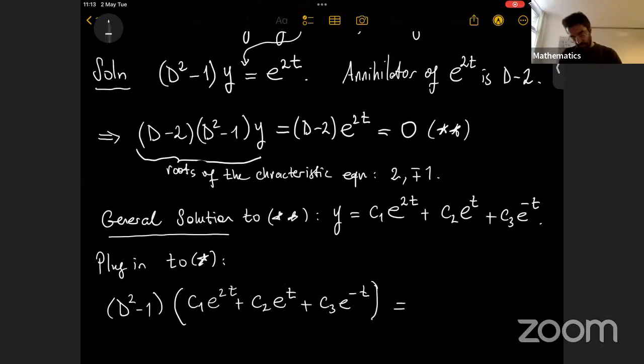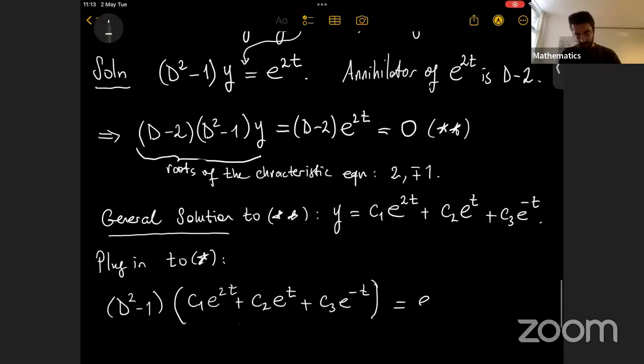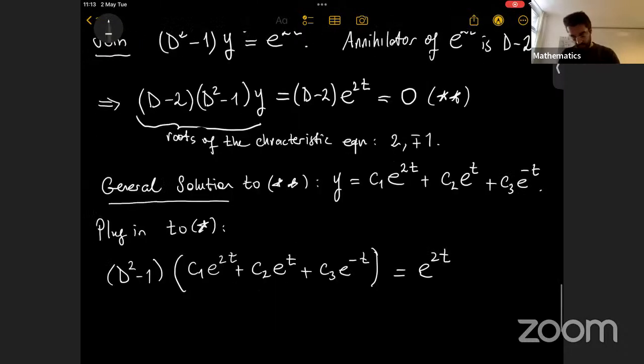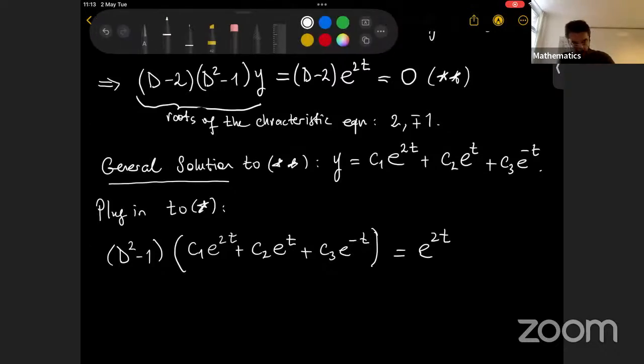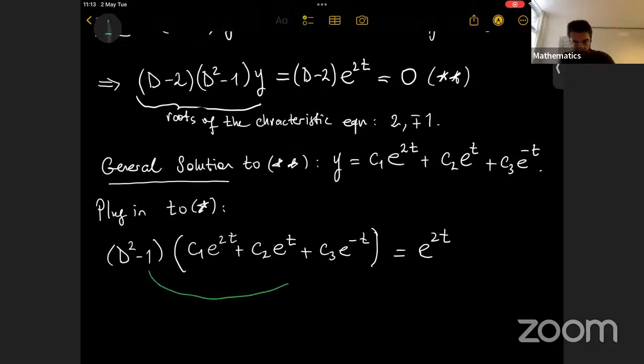It must be equal to e to the 2t. So let's see what we get from this. When you apply D squared minus 1 to this, you will get 0 from e to the t and e to the minus t, because these are the solutions of the homogeneous equation.